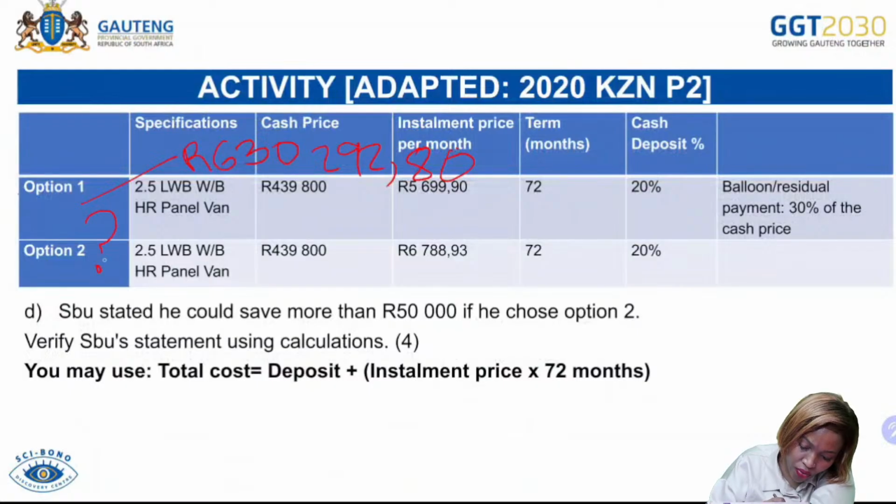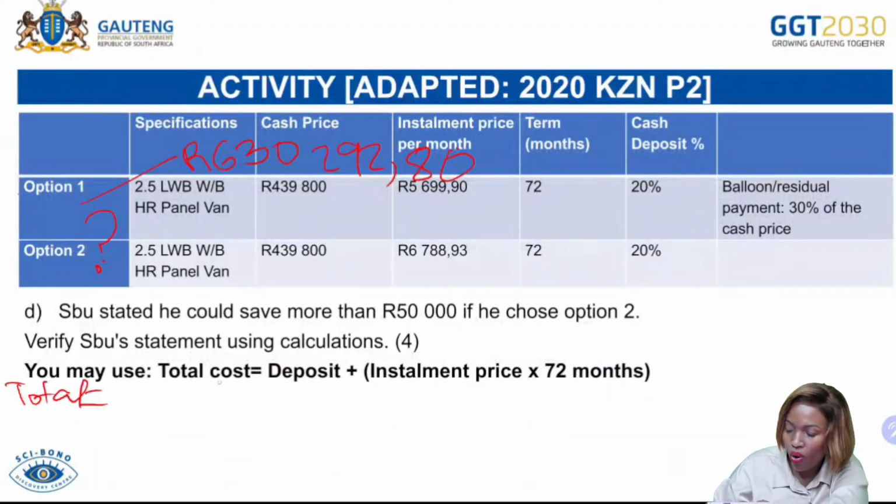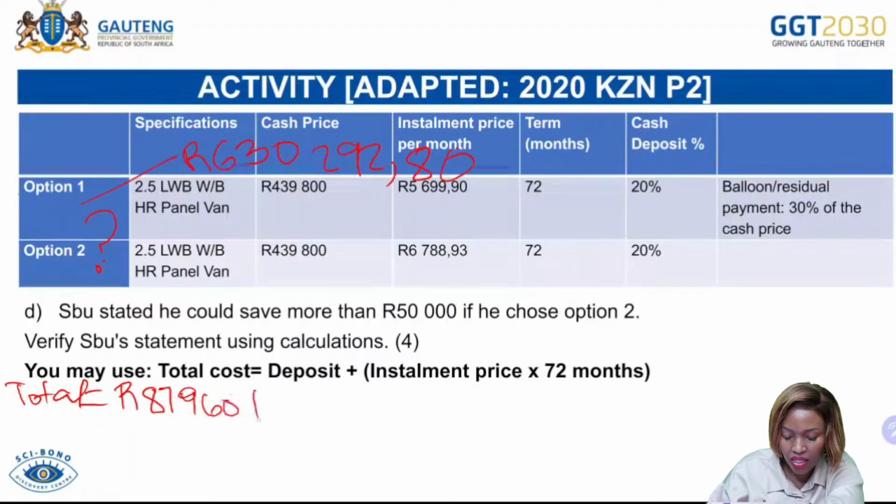Now we want the cost for option 2. The total cost for option 2 is equal to the deposit. Remember, we calculated the deposit a long time ago. The deposit was 87,960 plus, what is the installment?